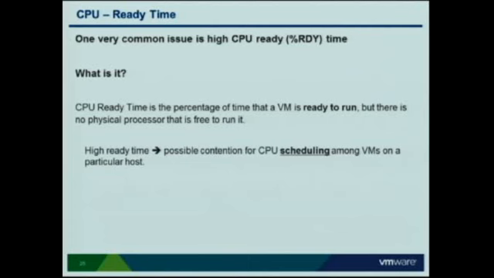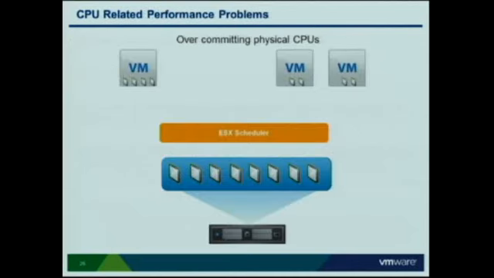So I've got kind of an animation that shows what CPU ready time is. It's very simplistic, and it doesn't take into account the relaxed co-scheduler that's part of ESX4. This would be more appropriate for ESX3 or ESX3.5, but it kind of gets the idea across. So here's our theoretical ESX host. It's an 8-processor host, and we have a grand total of 3 VMs that are running on it.